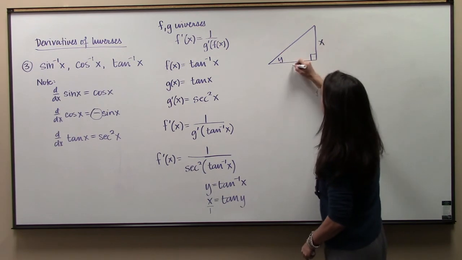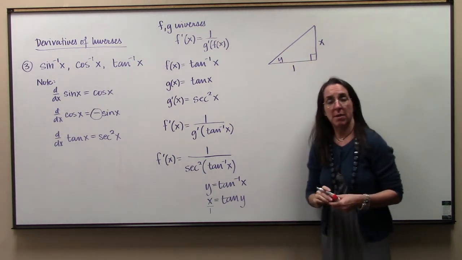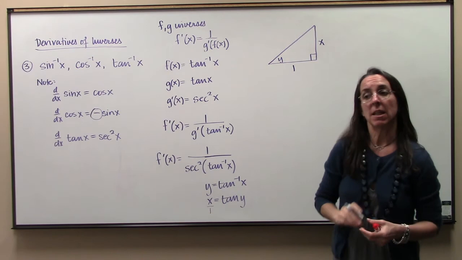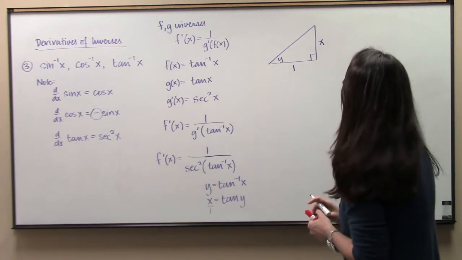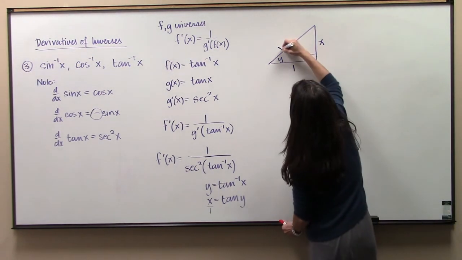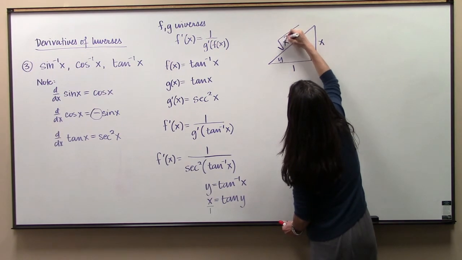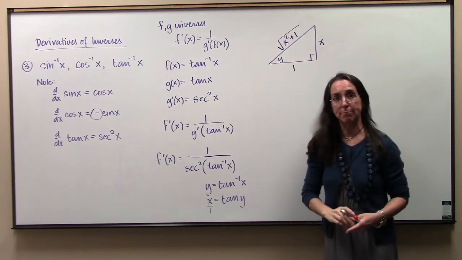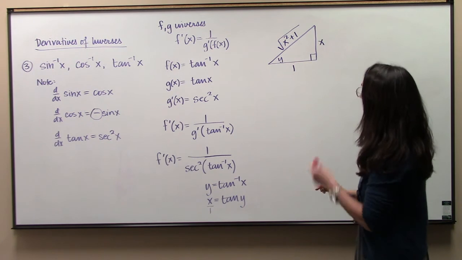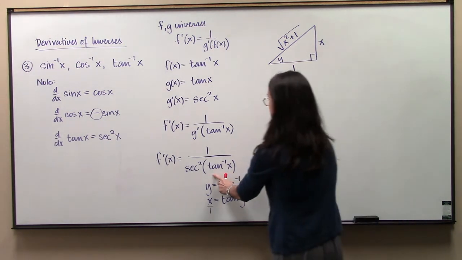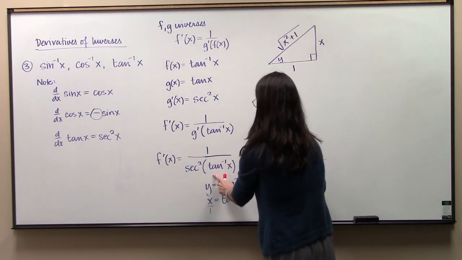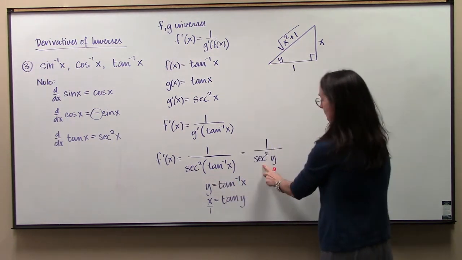So this is x and this is 1. And then according to the Pythagorean Theorem, the length of the hypotenuse is this, right? Okay, so f prime is 1 over the square of the secant of y.